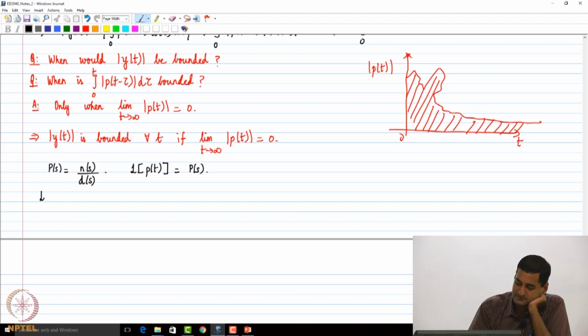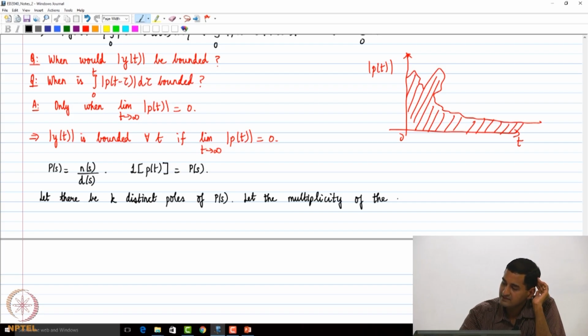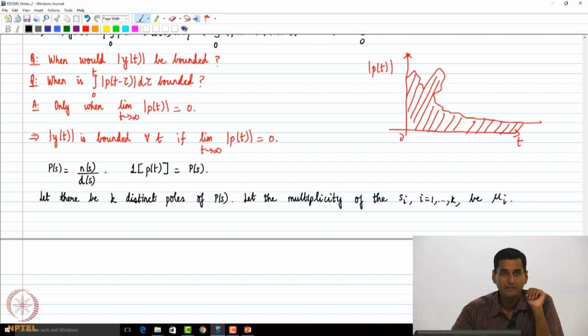So, let there be k distinct poles of P of s, and let the multiplicity of the pole s_i, with i going from 1 through k, be mu_i.